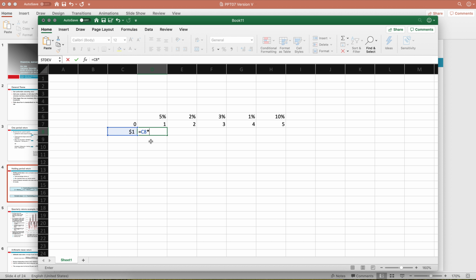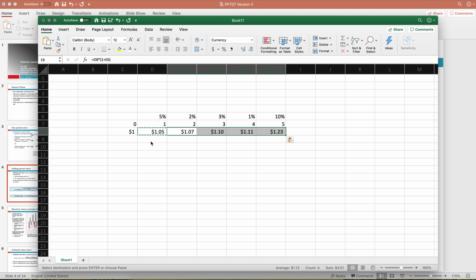This is going to be $1.05. Notice that on each time period, we have what we started with times 1 plus the interest rate for that year. So the interest rate between year 0 and year 1 was 5%. The interest rate between year 1 and year 2 was 2%, etc.